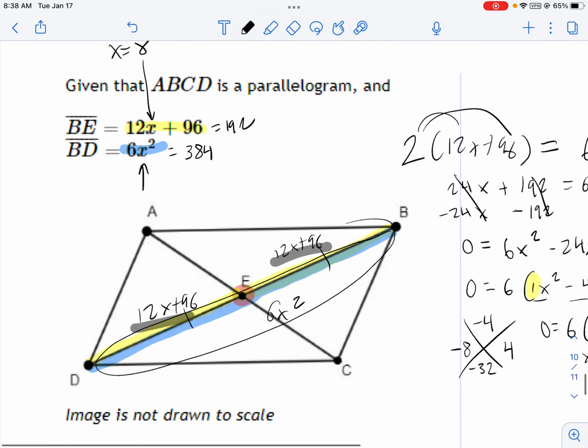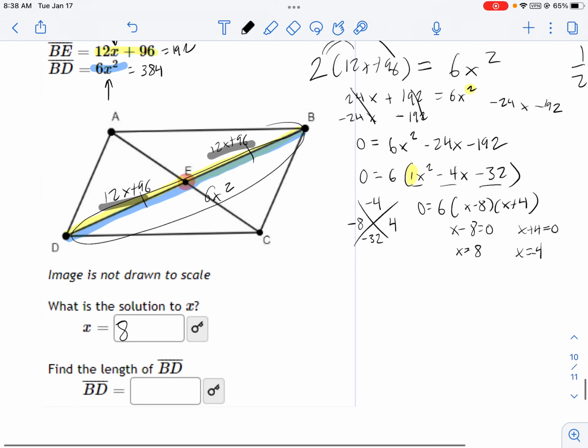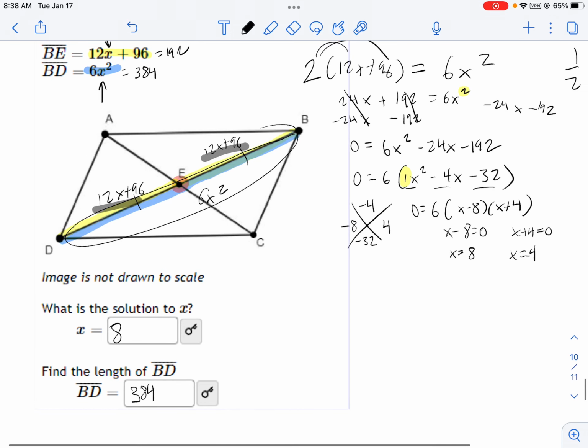They're both positive numbers. Awesome. Distances can't be negative, which means 8 is a valid solution. The length of BD, when x is 8, is 384. Huzzah!